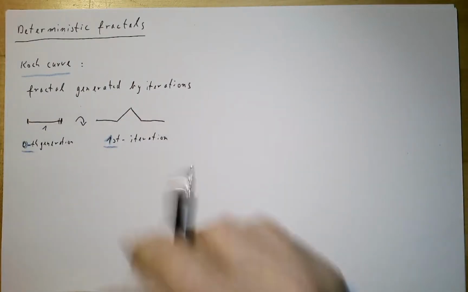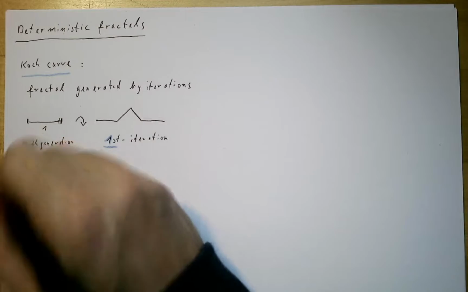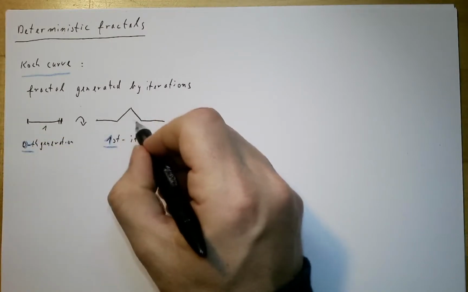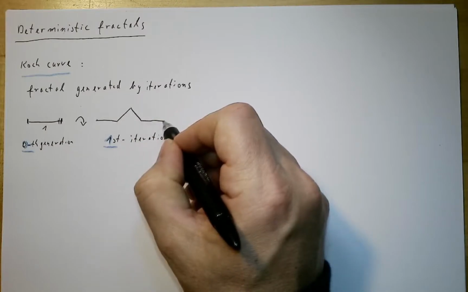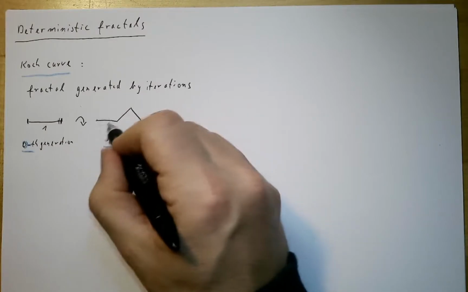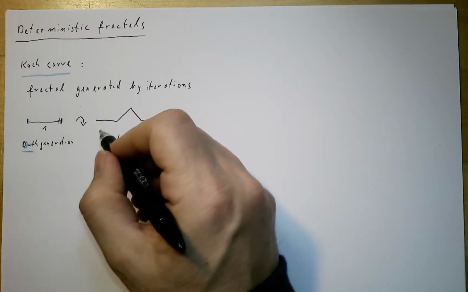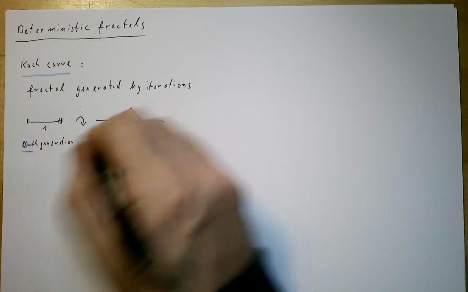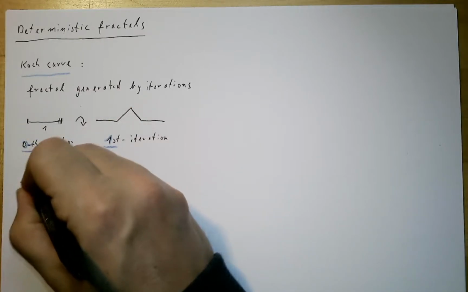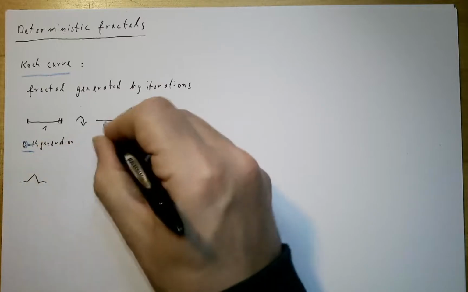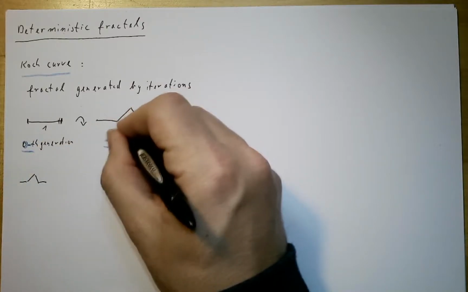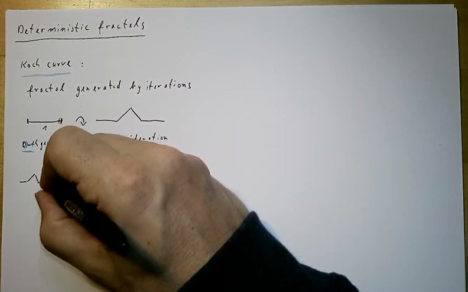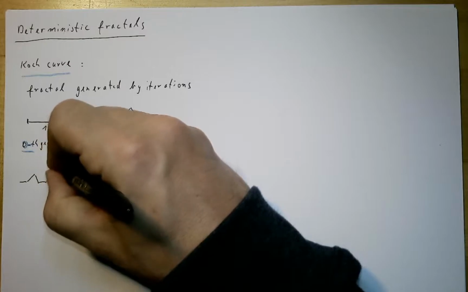And now we see how we continue. Now we want to go to the 2nd iteration. And now what we do, we take every part of this object and replace every part. We do the same procedure again for every part of the object. So in the 2nd iteration, we take the first segment and we replace it by this. Then we take this segment. Now we do again the same thing, but with this changed angle.